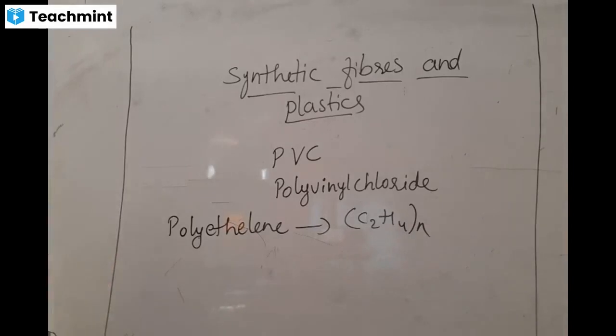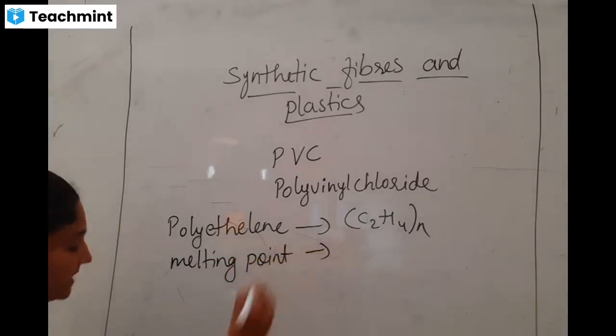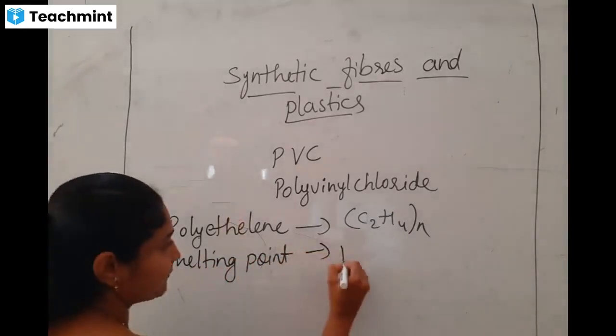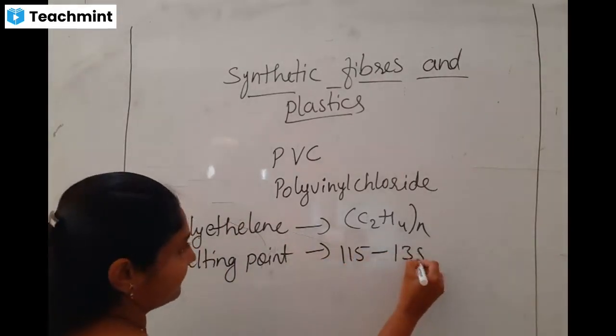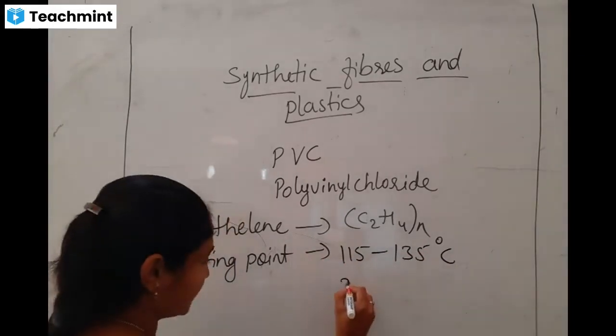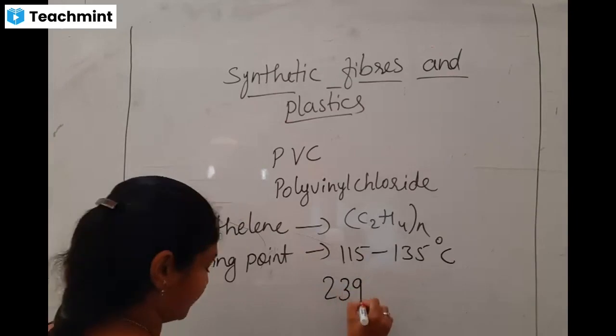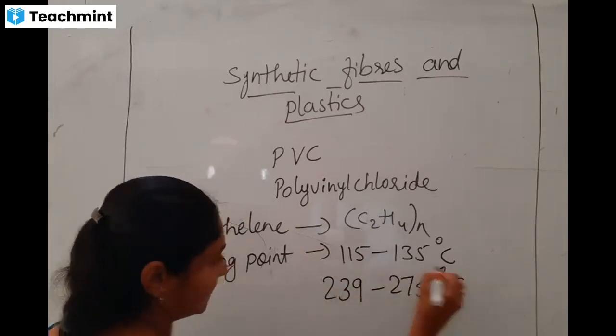And the melting point of this polythene is 115 to 135 degrees Celsius. In the Fahrenheit scale, it is about 239 to 275 degrees Fahrenheit.